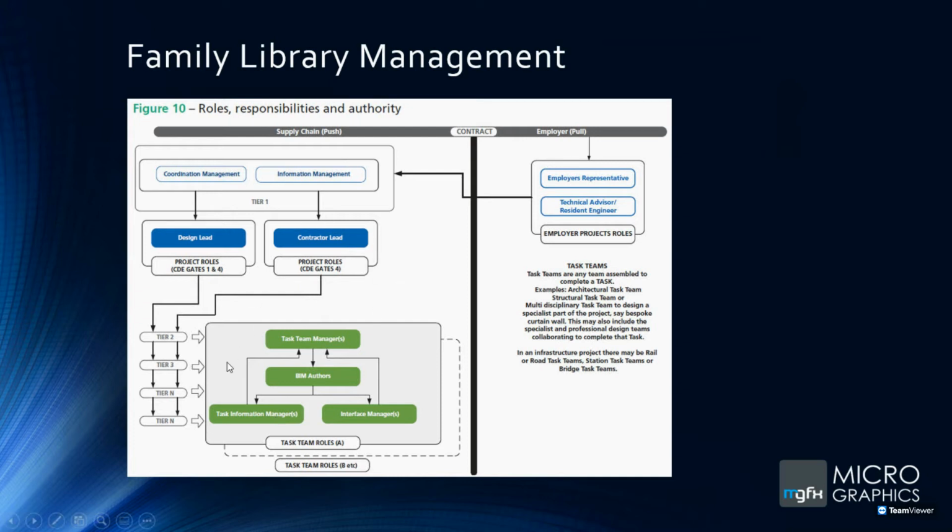And so each person within this team really should have their roles and responsibilities. That said, a person might have to take on more than one role. So if you're a one-man band and you want to learn this process, or if you're a small team where you don't have somebody to fulfill each one of these roles, then you could always assume the roles of the task team manager, BIM author and task information manager.